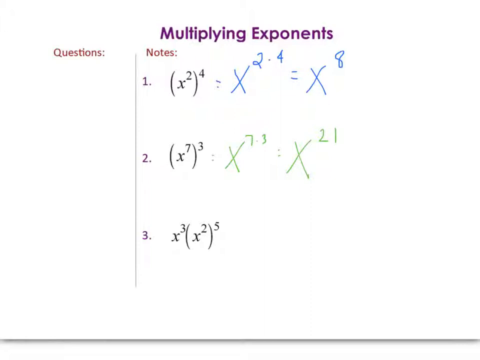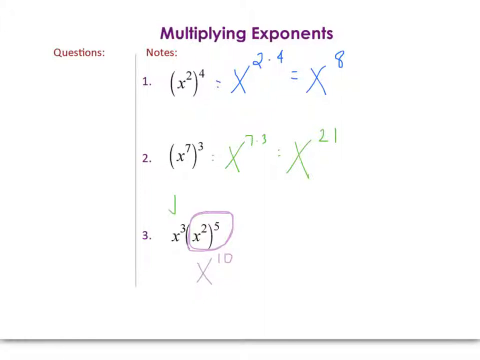So this one's a little bit harder. We have some steps from yesterday thrown in here. I have x squared raised to the 5th. That exponent of a 5 is only attached to that piece, which makes that piece x to the 10th.